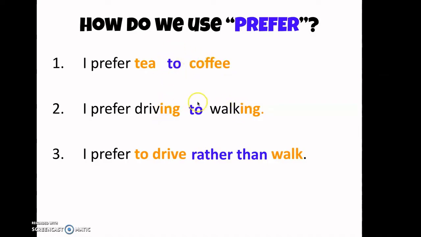In the second example, we are using the gerund ending in ing, and that's why we have to as well. But pay attention, because when we decide to use the to infinitive, what we need to use in between is the expression rather than. And bear in mind that the second verb should be a bare infinitive, or an infinitive without to.